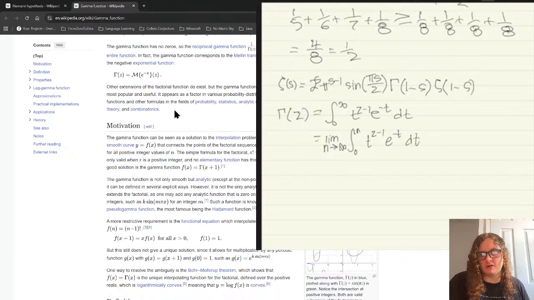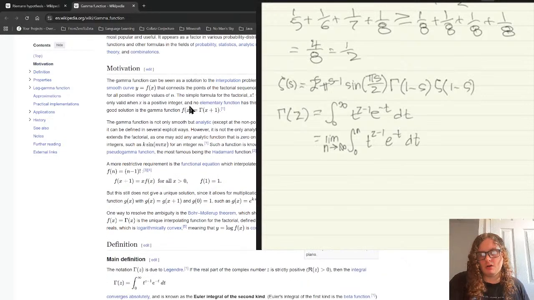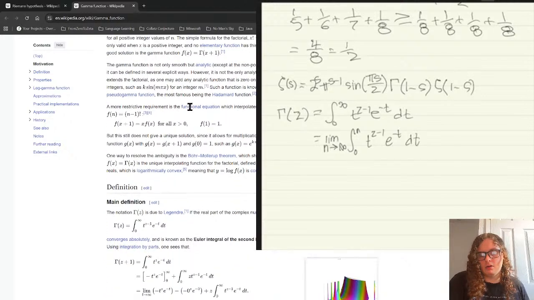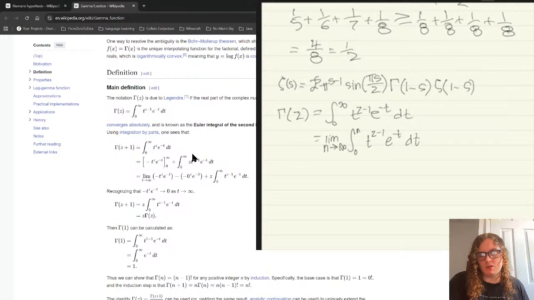The gamma function can be seen as a solution here. So this is the main definition. It converges absolutely, the Euler integral of this. The beta function.